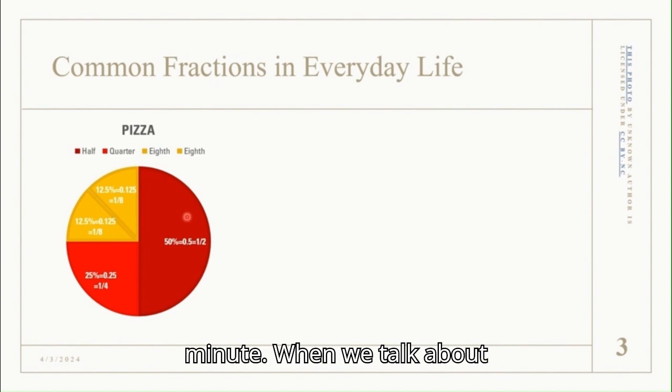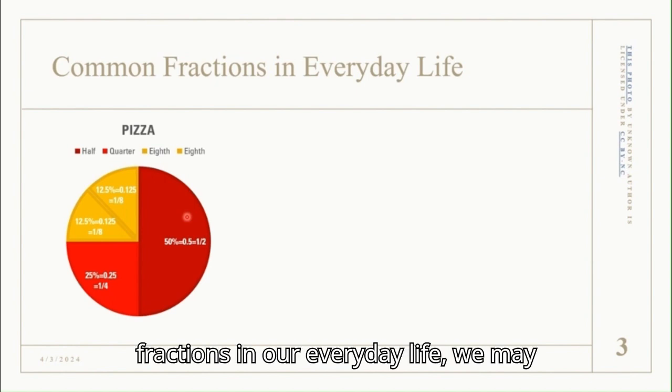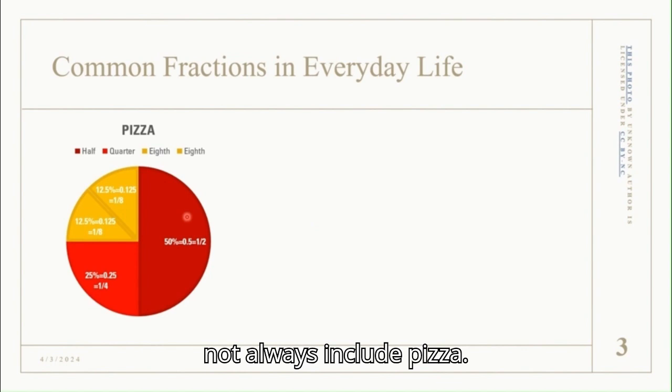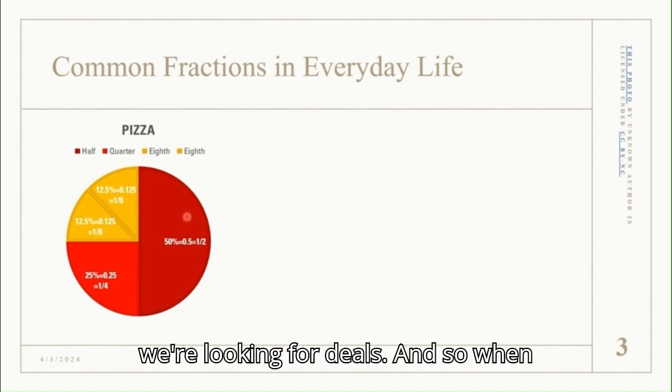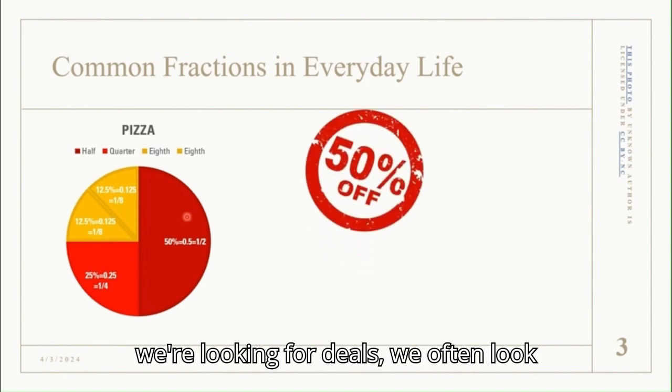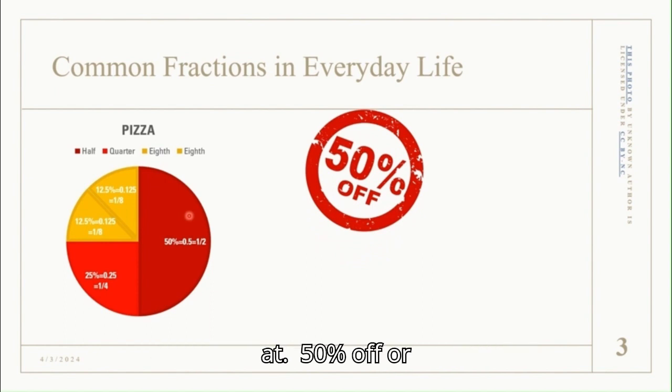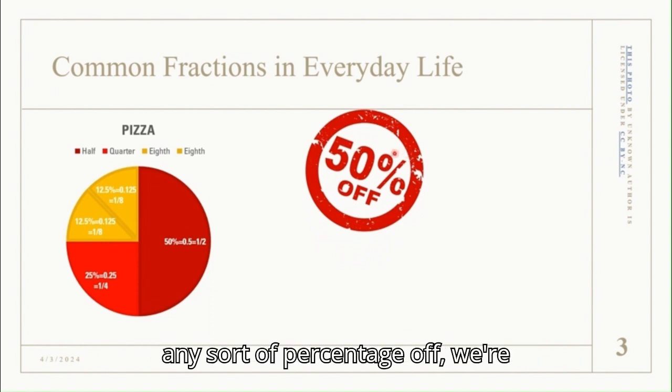When we talk about fractions in our everyday life, it may not always include pizza. Oftentimes, if we're shopping, we're looking for deals. When we're looking for deals, we often look at 50% off or any sort of percentage off.